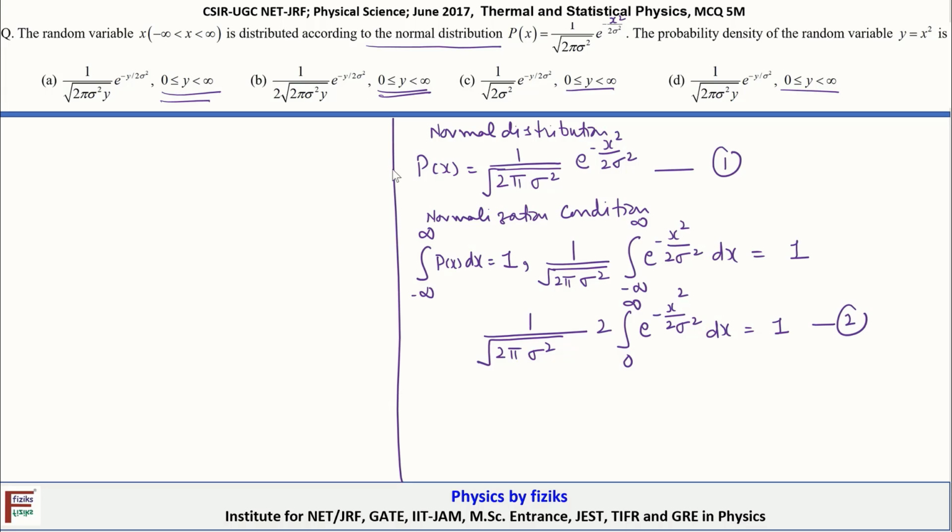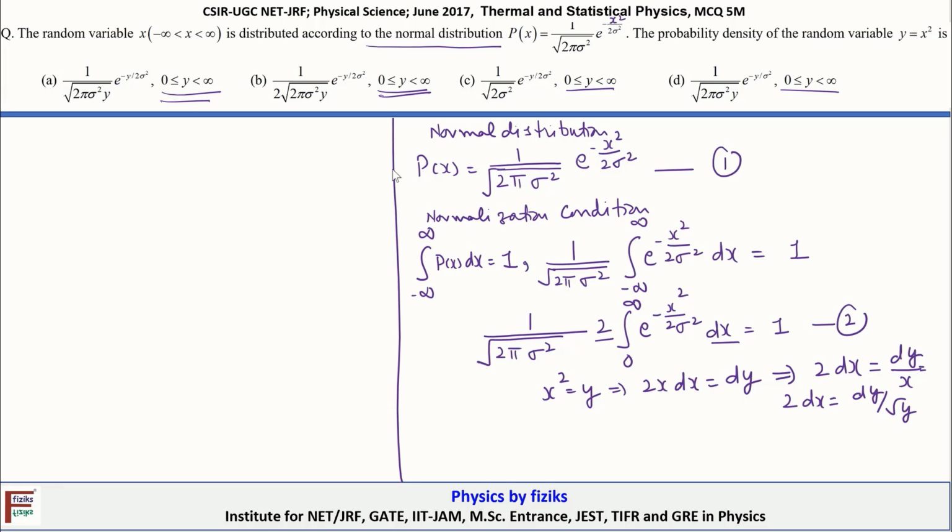Now here we are going to make a substitution for x square. We will put x square equal to y, which implies 2x dx is equal to dy, or this further implies that 2 dx, because we are having 2 and then dx, will be equal to dy upon x, which is further dy upon under root y, because x square is equal to y, so x will be under root y.